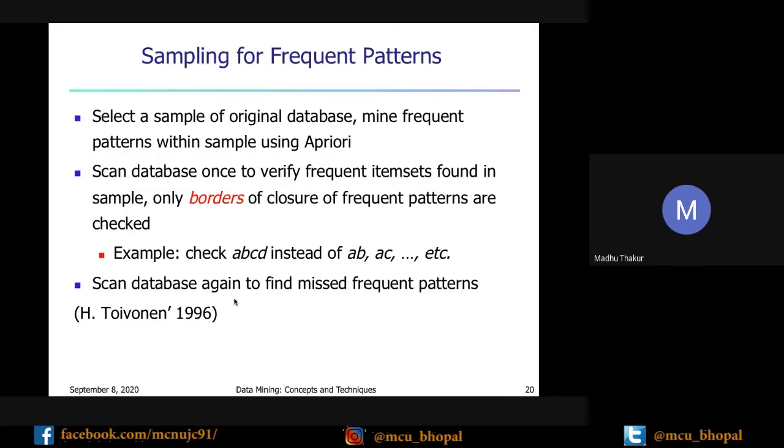You can run your Apriori on that sample data set rather than the whole data set, so you can save your time. That is the sampling method. There is also stratified sampling, and you can use with replacement, without replacement; other sampling methods are also available.